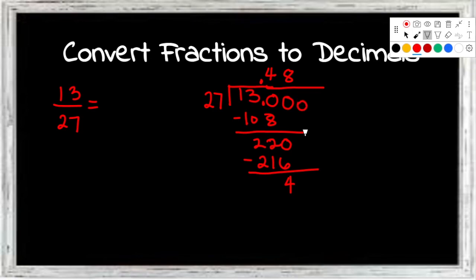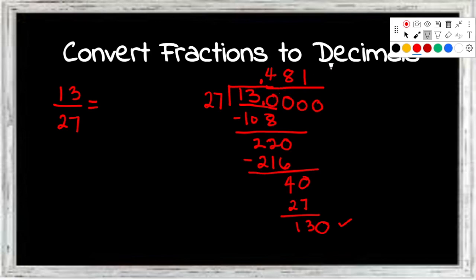And add one more 0. 40 divided by 27 is 1. And 1 times 27 is equal to 27, leaving 13. And add one more 0 to test. And as you can see, this is 130 and it's the same as the original.